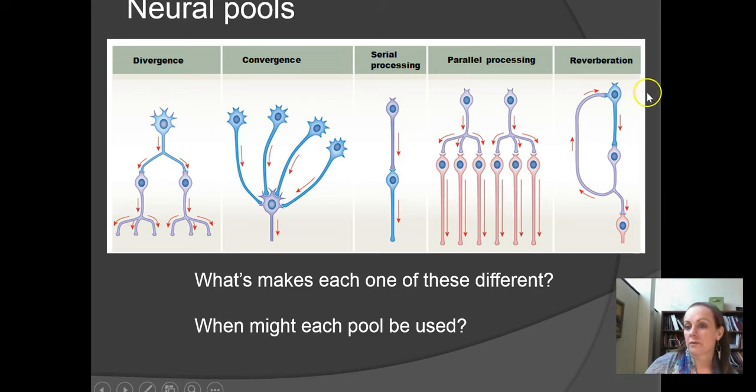An example of reverberation, if you think about it: as soon as you exhale, your body in normal circumstances then triggers another inhale. So this is something that's triggered automatically. You can choose to control it, but if you choose not to control it, it just constantly repeats in a cycle.